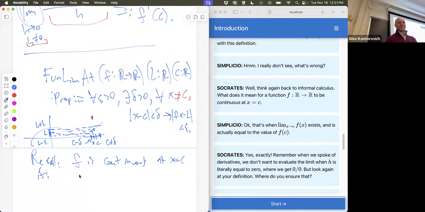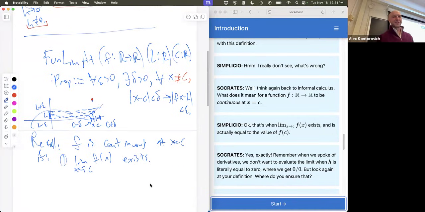The limit actually exists. Exactly. If there exists an L so that there is a limit, and let's say it is equal to L, and the value of the function at C is L itself.